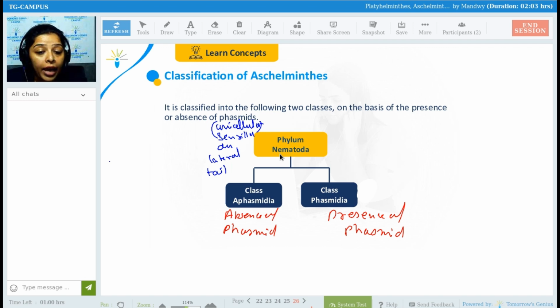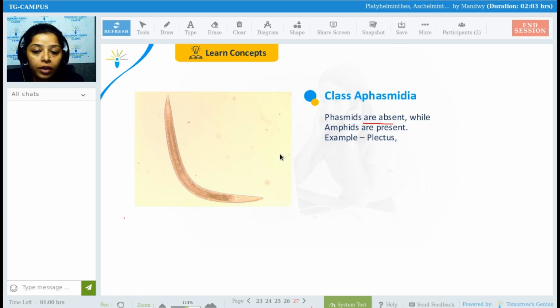Now, what is aphasmid? Aphasmid is a particular structure that has a cuticular protrusion which helps in penetration. Okay, so what is the aphasmid?